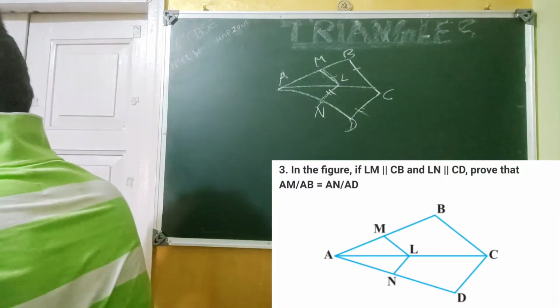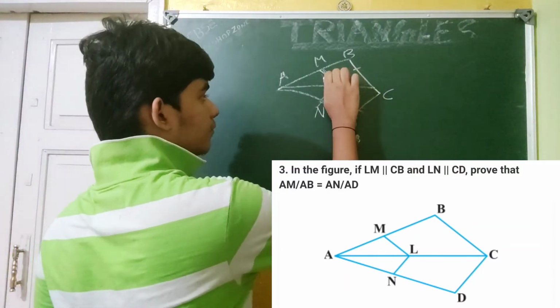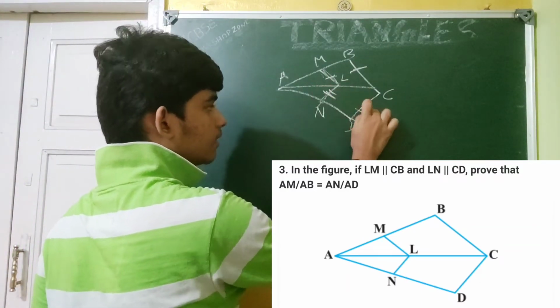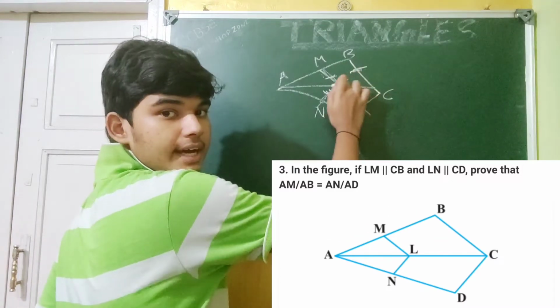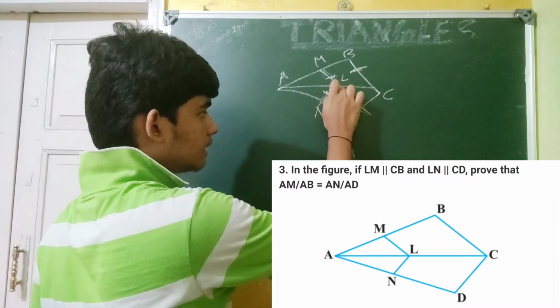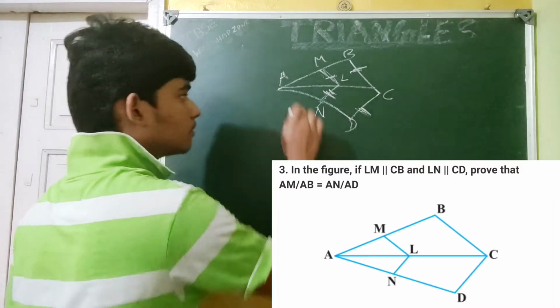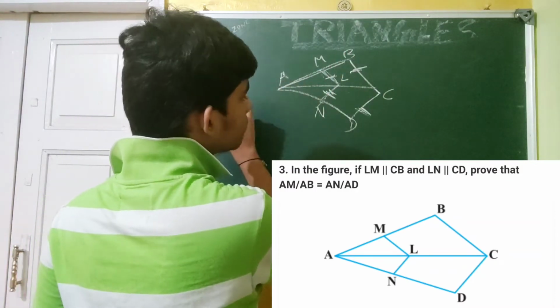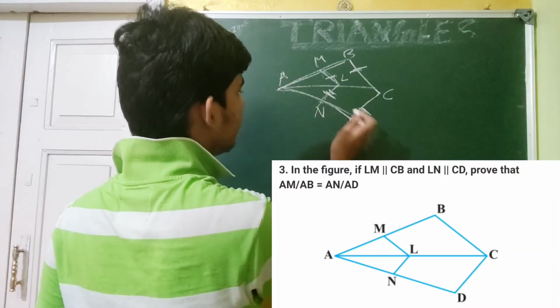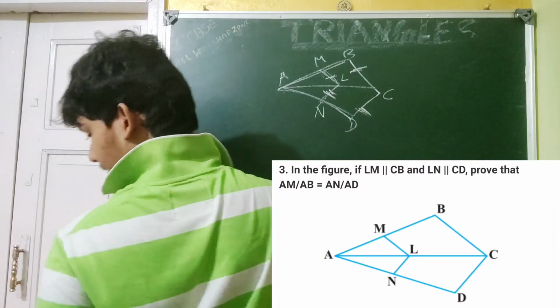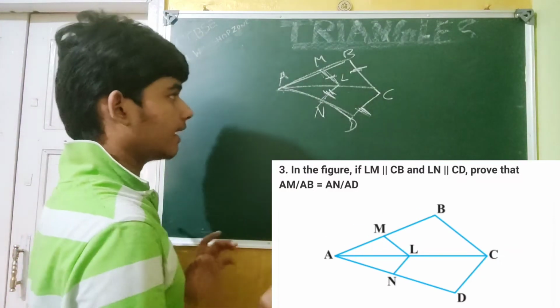It's basically saying that if these sides are parallel, so this is parallel to this side and this side is parallel to this side, then we need to prove that AM by AB is equals to AN by AD. I'm pretty sure that was the question.